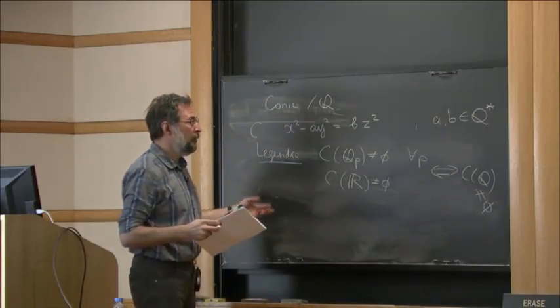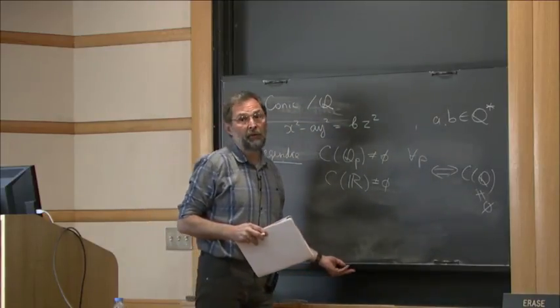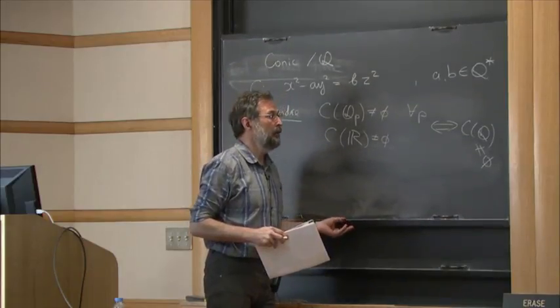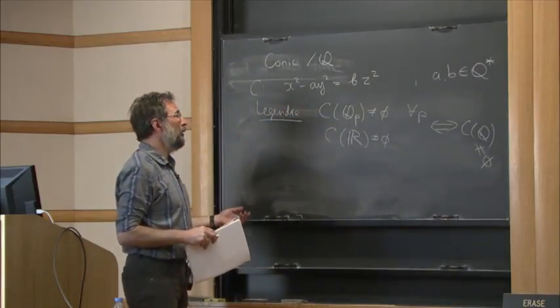And if you have a rational point on a conic, it is isomorphic to the projective line, and so you can parameterize it with rational functions in one variable.